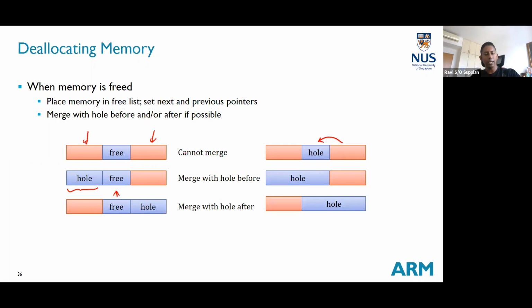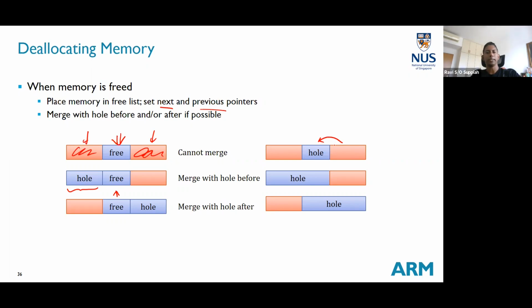So when I deallocate memory, what happens? When I deallocate memory, I will put the memory into the free list, and I need to update my next and previous pointers. So now let's look at this. In this case, I have this chunk and this chunk that are occupied, and I free what is in the middle. When I free what is in the middle, I cannot do any merge in this case because these two are currently occupied and this is a hole.